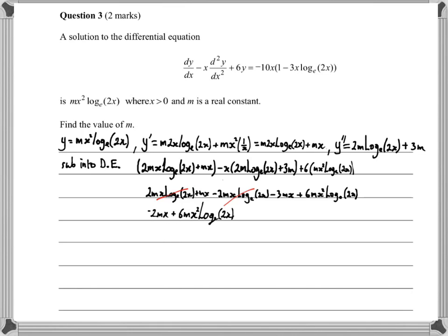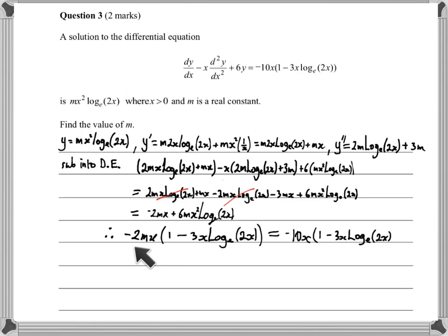Okay, that is equivalent to the right hand side of the differential equation. And by expressing this left hand side in a form that's similar to the right hand side, by factorizing this negative 2mx outside of a set of brackets like I have here, I've got the x term and a unit and a coefficient outside of a set of brackets, I can relate them carefully.